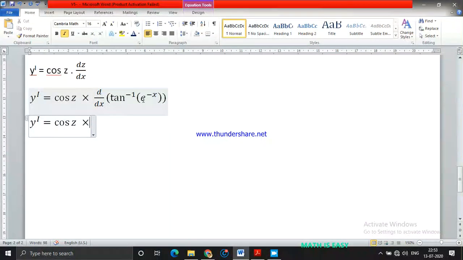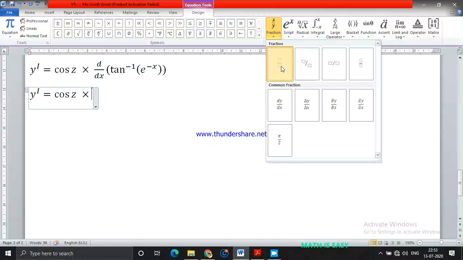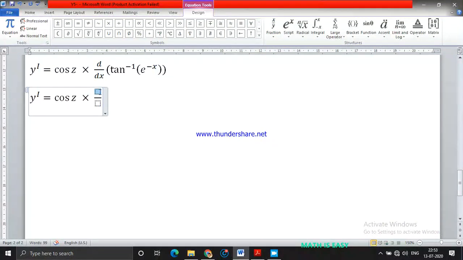Now what is the derivative of tan inverse? Let me take e power minus x as theta. So tan inverse theta, what is its derivative? Any idea of the formula? The derivative of tan inverse theta is 1 upon 1 plus theta square.